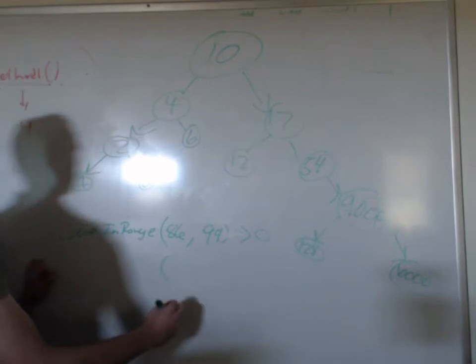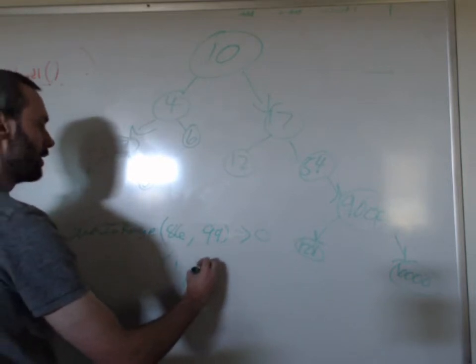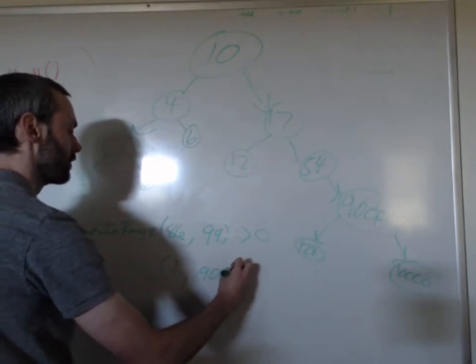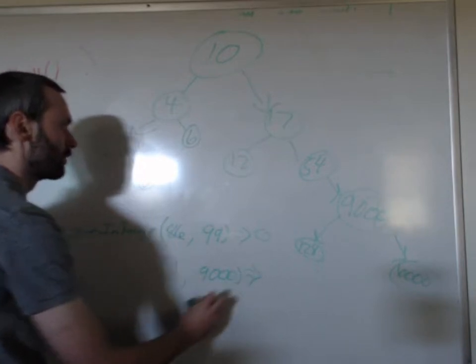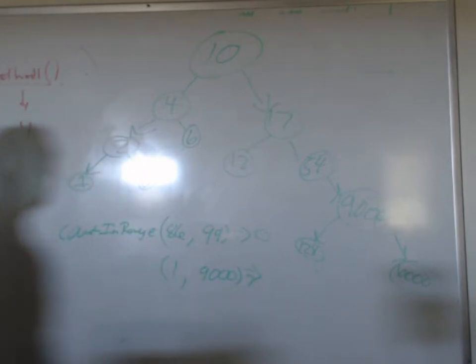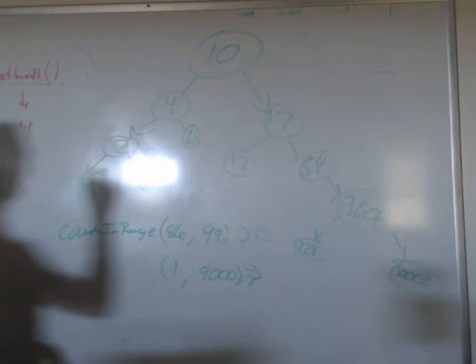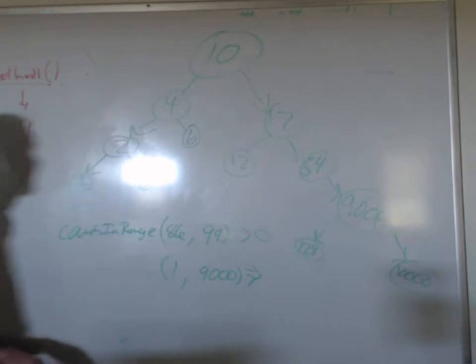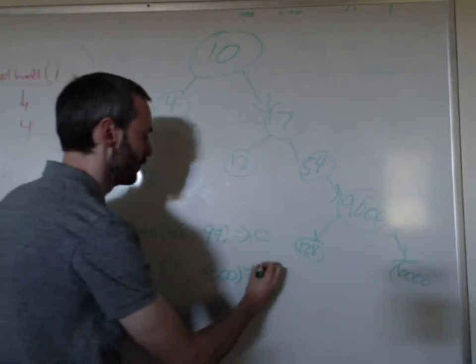All right. But if we were to do 1 and 9,000, all of them except 10,000. So how many is that? I didn't even count it. 11. Yeah, I got 11. You got 11? Mm-hmm. All right.